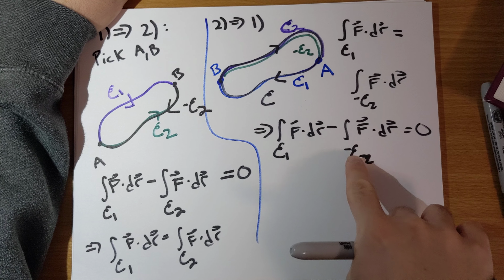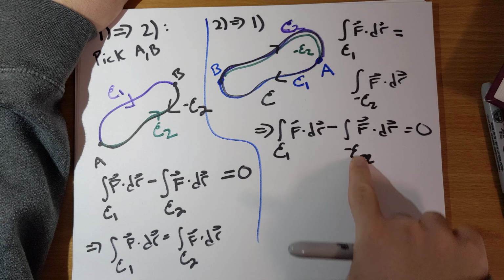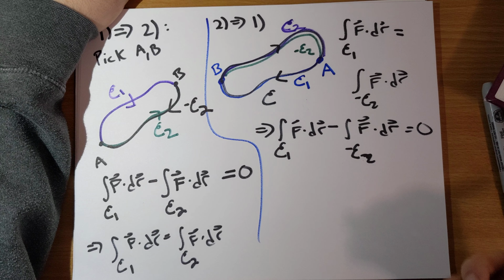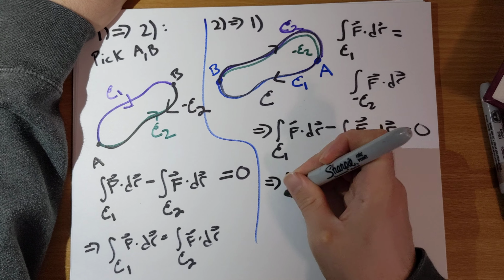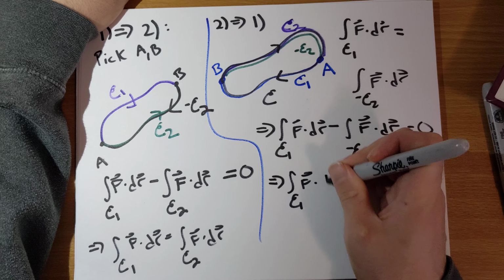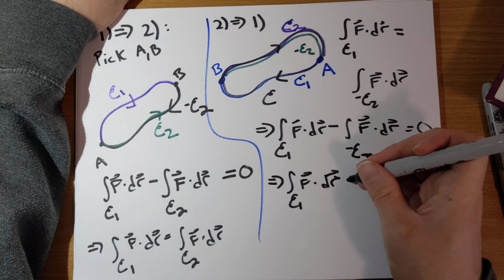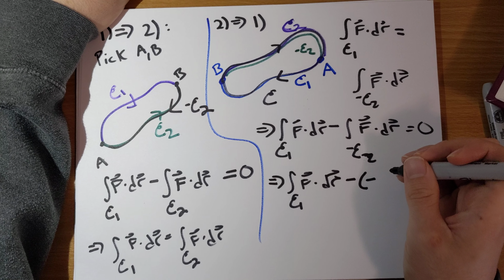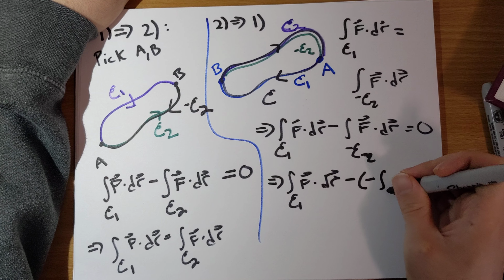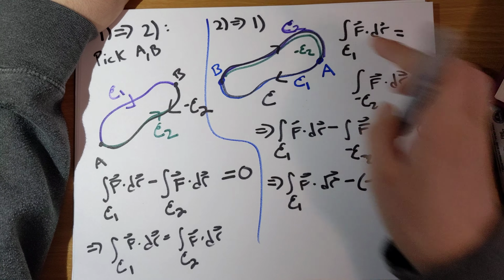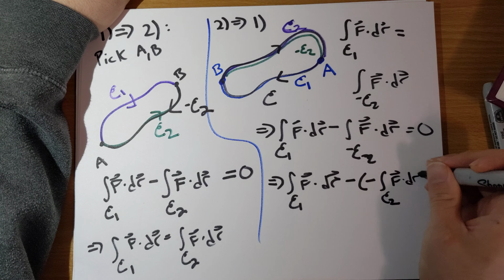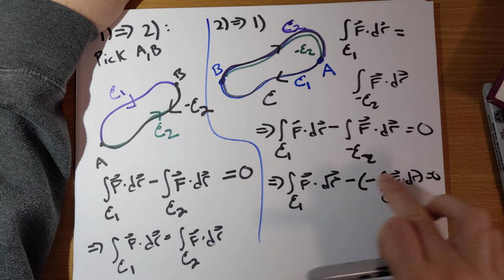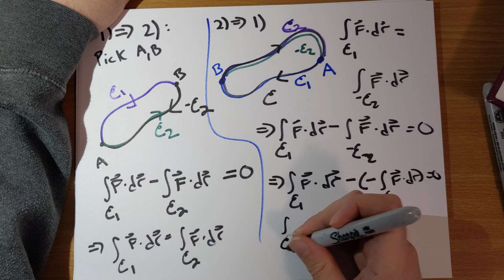But the integral over negative C2 of f dot dr is equal to the negative of the integral over the original C2 of f dot dr. So minus times minus is plus.